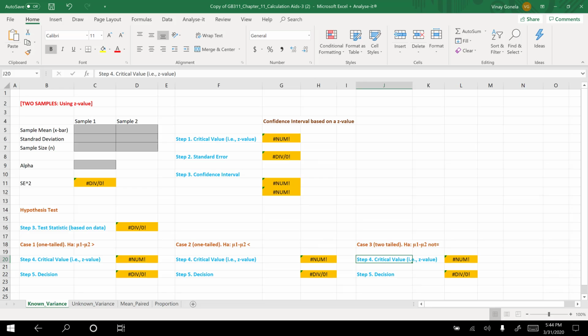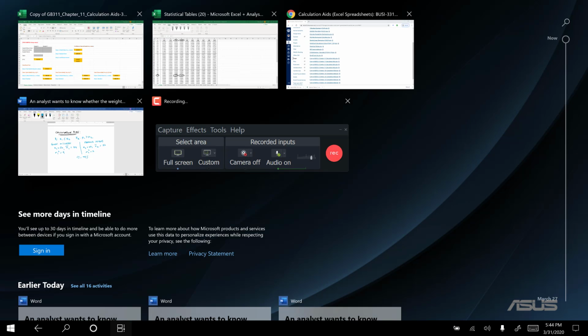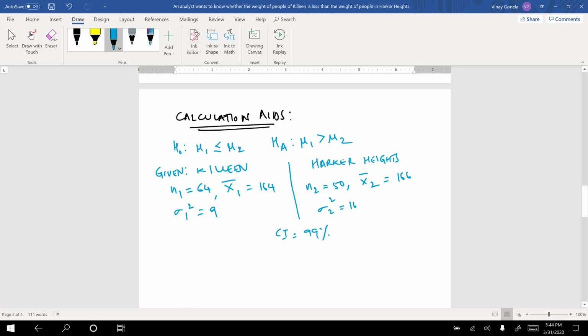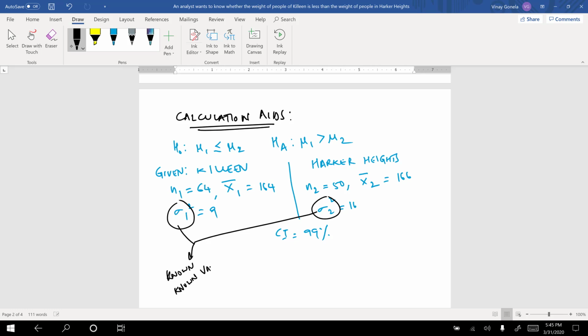Again, which sheet to use: known variance, unknown variance, mean, paired or proportion. Since I have sigma 1 square and sigma 2 square both known, these population variances are known, I will use the known variance sheet.